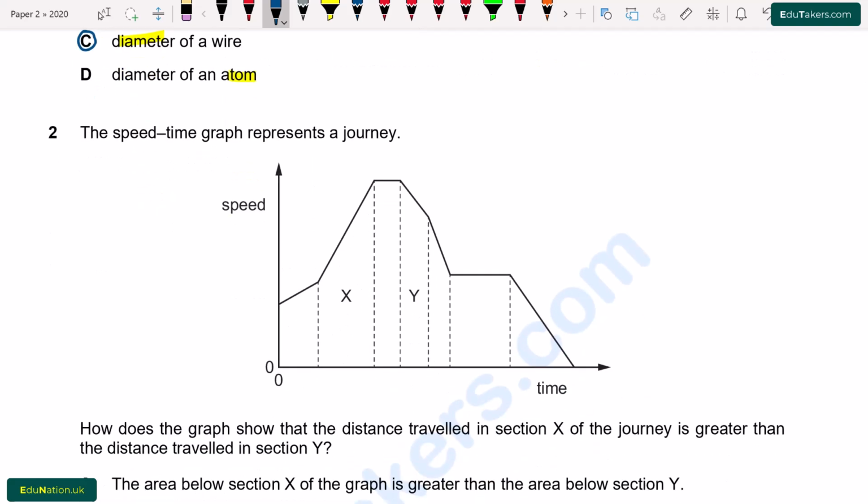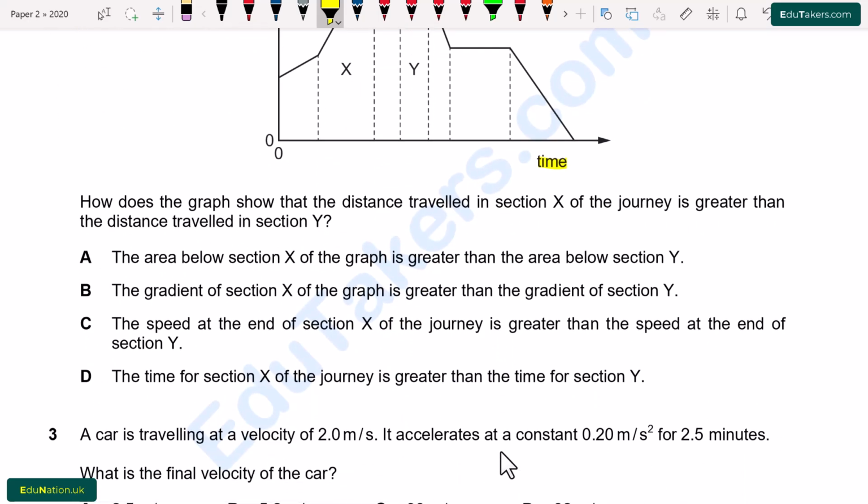Question number 2. The speed time graph represents a journey. So here is the speed time graph. Speed is taken along y-axis while the time is taken along x-axis. How does the graph show that the distance travelled in the section x of the journey is greater than the distance travelled in the section y?